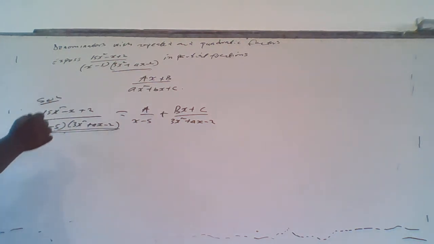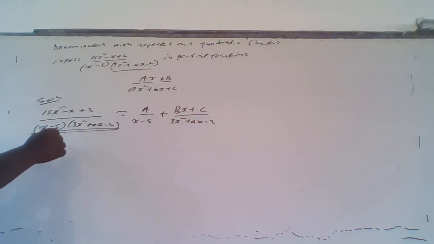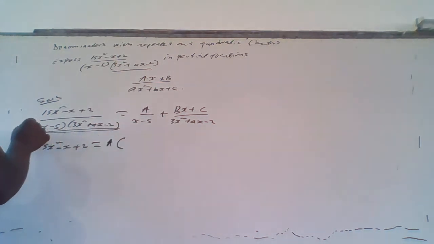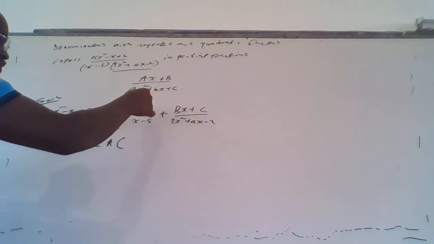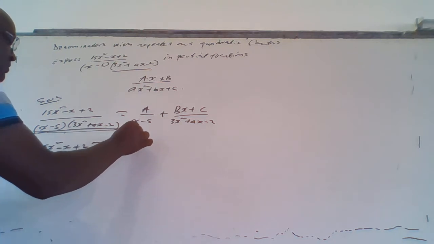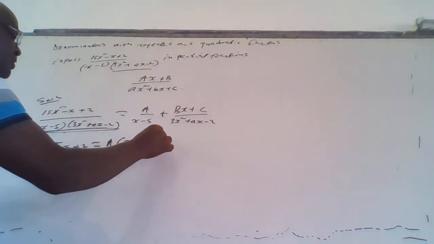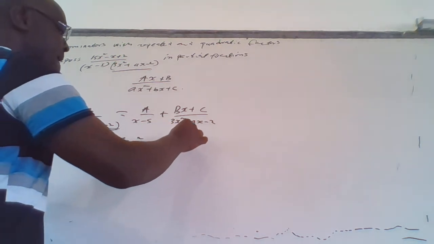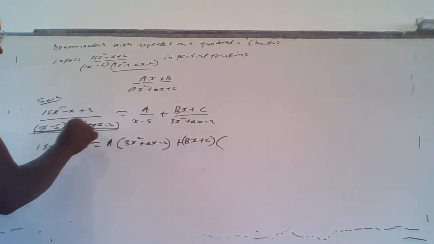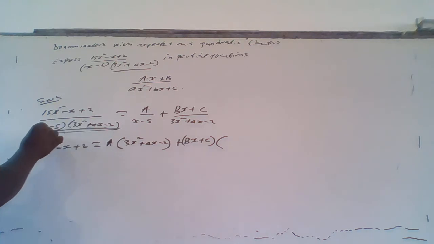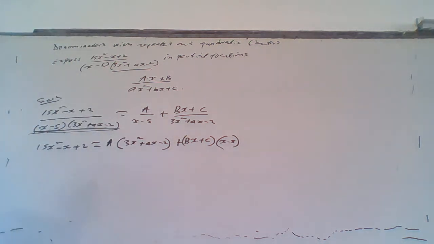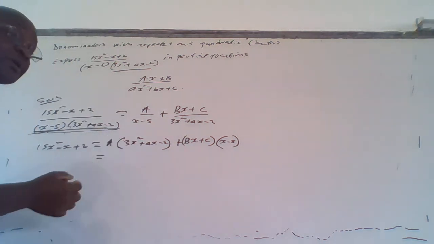So this will cancel itself, and we remain with 15x squared minus x plus 2 equals A into (3x squared plus 4x minus 2), plus (Bx plus C) into (x minus 5), since the rest cancels.